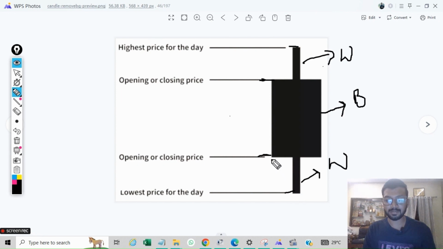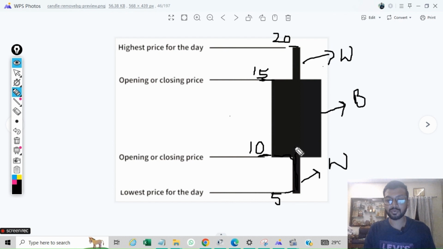Let us take an example. Suppose that this is a green candle and the price here is 10, and this part of the candle is 15, the highest price of the day is 20, and the lowest price of the day is 5. Suppose that the market has opened at 10 rupees and it has moved to 5 but not closed the day.